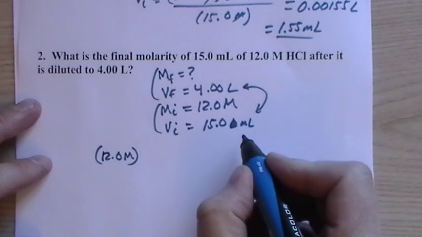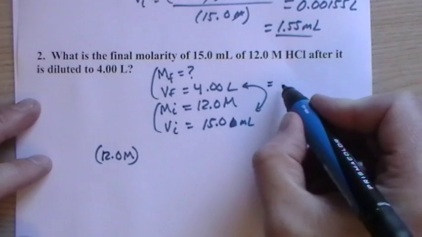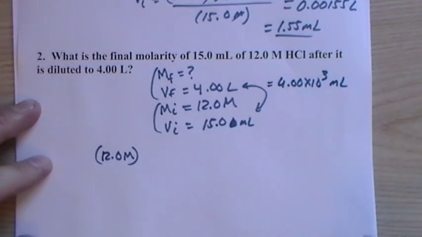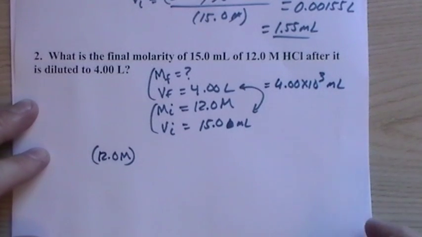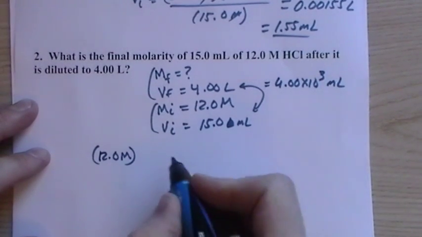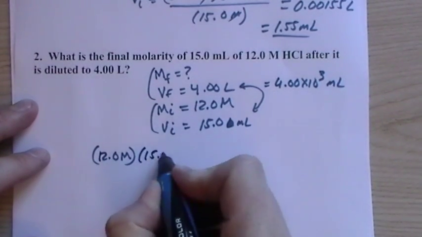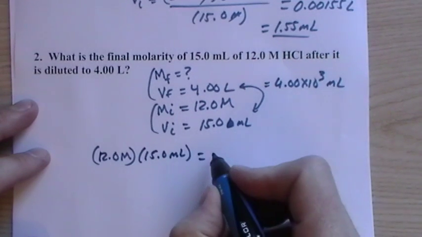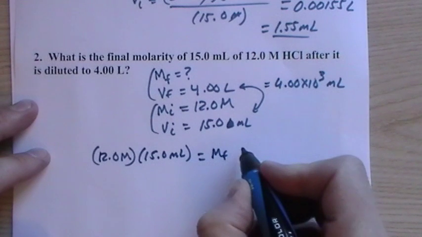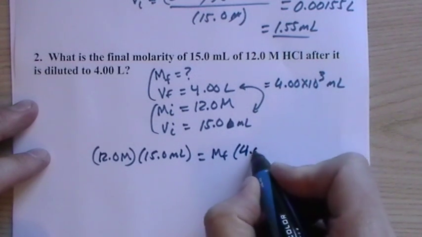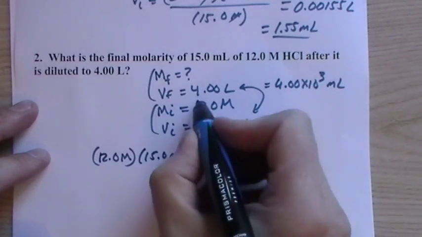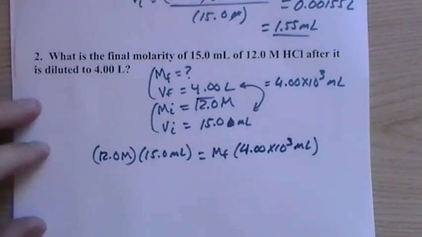So I'm going to convert 4 liters to milliliters, mils, I should say. So this is 15 mils, and then we have MF, unknown, and VF is 4,000 mils. I put it in scientific notation because we only have 3 significant figures.